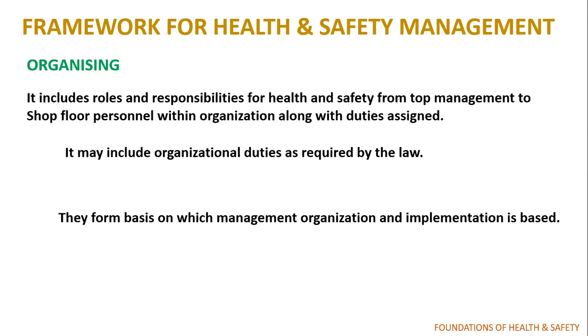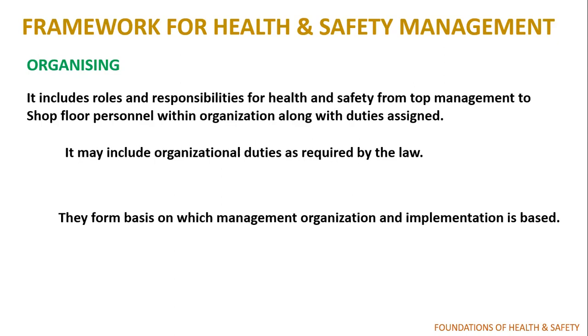The next key element of the management system is organizing. To implement the health and safety standards, we need organization. The organization includes roles and responsibilities for health and safety, from the top management to the shop floor personnel, along with the duties assigned.